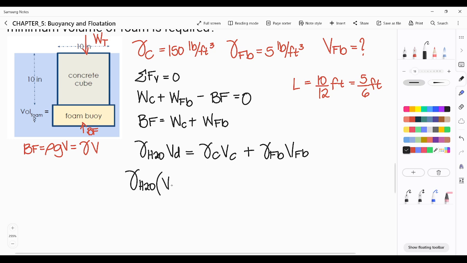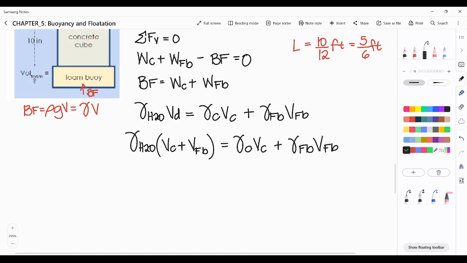This is the volume of the concrete plus the volume of our foam buoy. Ayan. And let's just copy this. Gamma of concrete, volume ng concrete, plus gamma of our foam, and the volume of our foam. Ang nawawala ay yung volume of our foam. V sub FB. So, that's the missing variable.